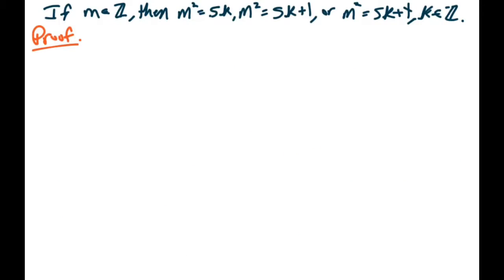So let's go through and actually prove this. All right, so first thing we're going to do, of course, is to assume or let whatever the hypothesis is be true. So we're going to assume that m is an element of the integers. All right, and then we said on the previous page we're going to break this up into the 5 cases, and that's by the quotient remainder theorem. Now you can just say the QR theorem if you want.